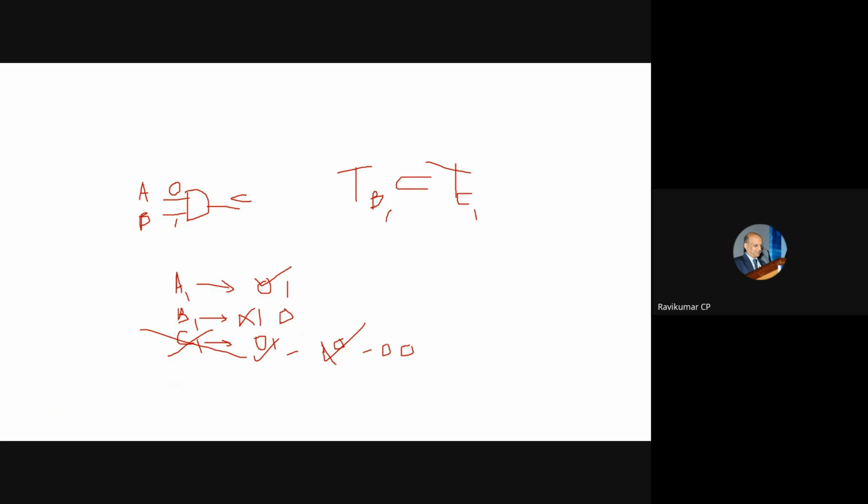So if you include B1, there is no need to include C1. Similarly, if you include A1, you don't need to include C1. So we say C1 is a dominant fault and we can remove it. So if you have many equivalent faults, you can retain one of them and remove all the others. Similarly, if one fault is dominant compared to the others, the dominant fault can be removed.